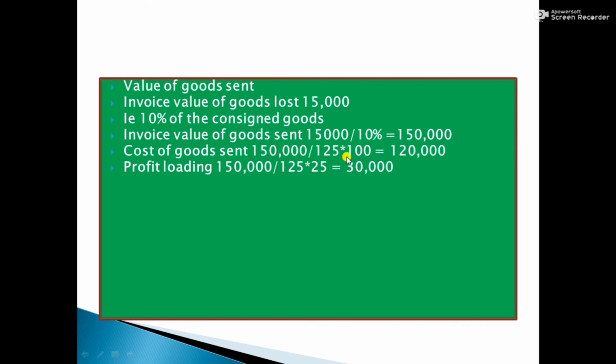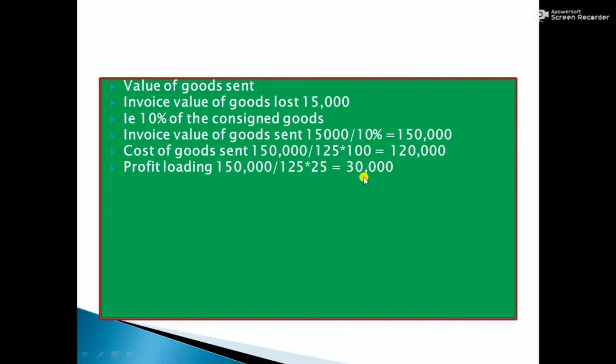The cost of the goods sent is only 1,20,000. On that, 25% of cost, 1,20,000 into 25%, that is 30,000, profit is added and invoice is prepared for 1,50,000. Therefore, this 30,000 should be removed from the consignment account later by credit to goods sent on consignment 30,000.